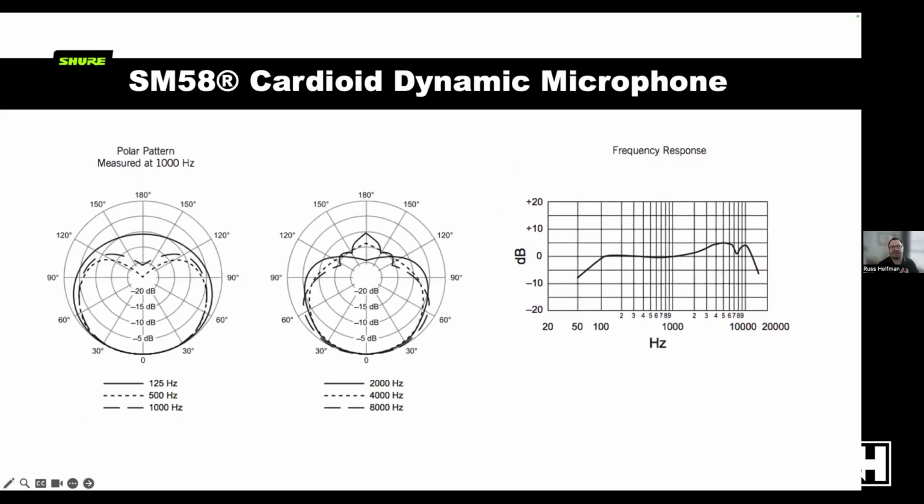So if you look over here, this is the chart for the SM58. So the two polar patterns that you're seeing on the left, that is basically showing you the angle of the pickup at what frequencies. So this could get a little bit complex, but what it's showing you basically is, at three different frequencies, how uniform that pickup pattern is.